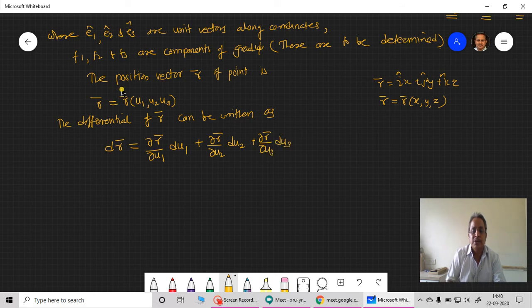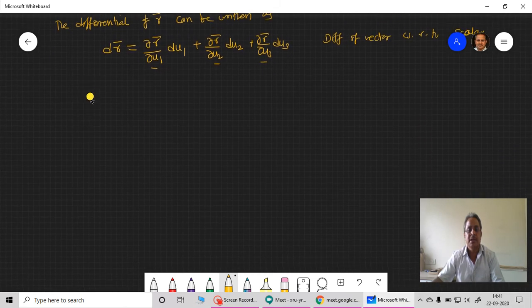Remember, each of these quantities is a differentiation of a vector with respect to a scalar. Try to understand all these things. Last year also we discussed all these concepts in detail.